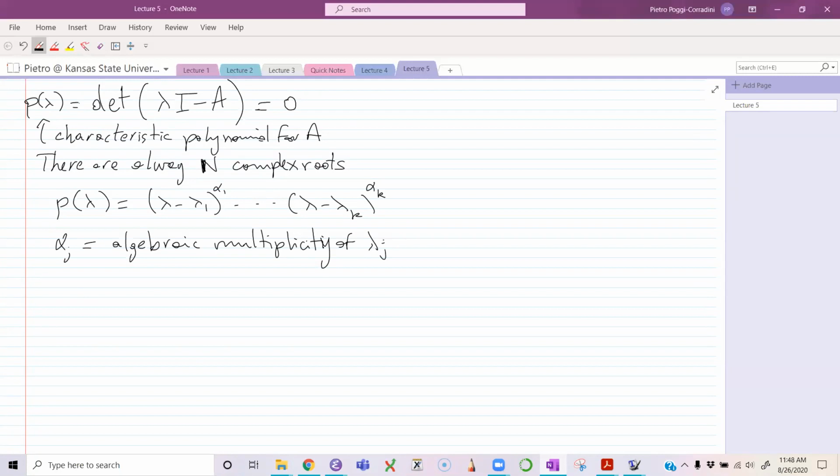And it's a fact that I'm not going to try to prove at this stage, that the geometric multiplicity is always smaller than the algebraic.